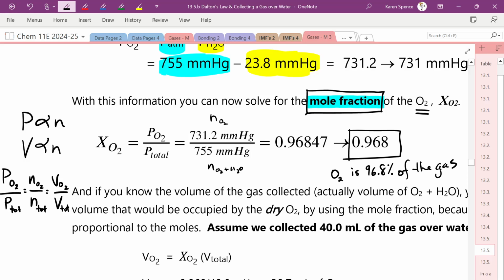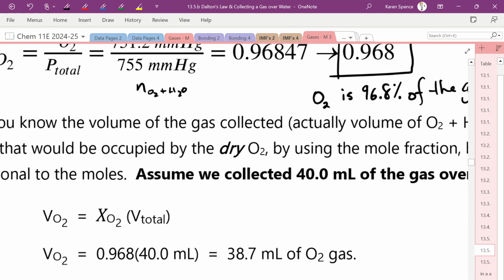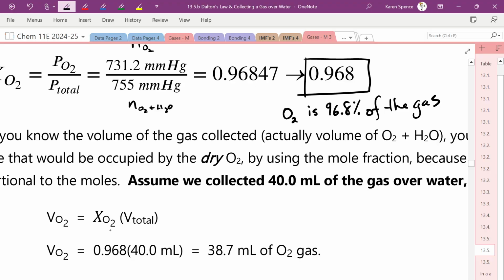Of the gas. If we want to find how much volume the gas takes up, so what is the volume of O2, we take our mole fraction, which is actually a decimal, so it's kind of funny that we call it a fraction. We multiply the mole fraction of the O2 by the total volume.